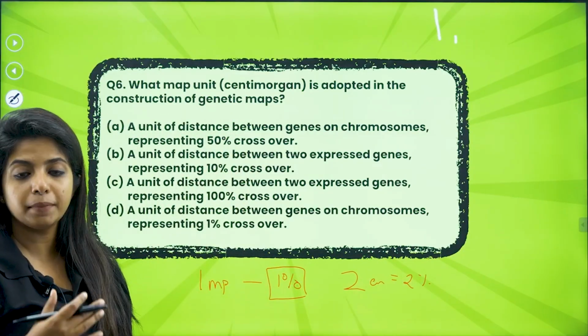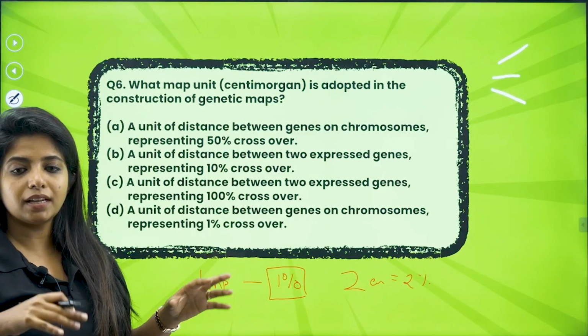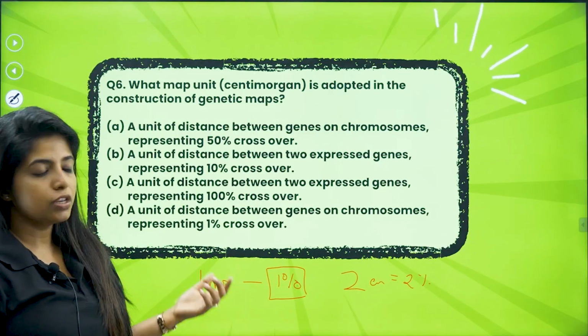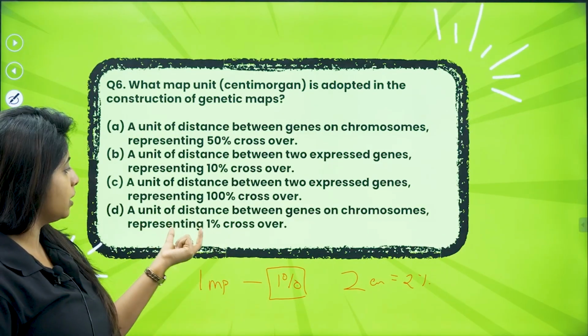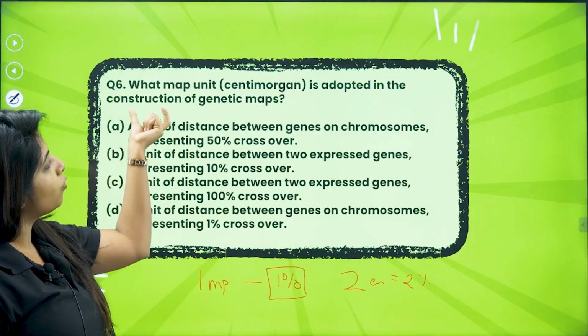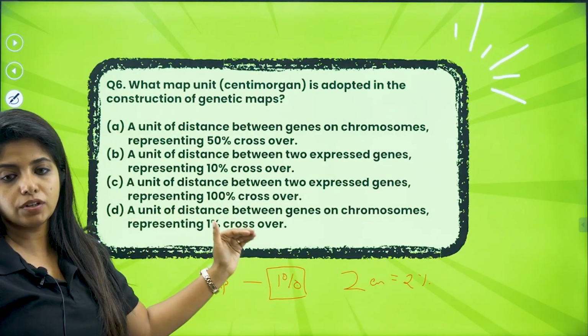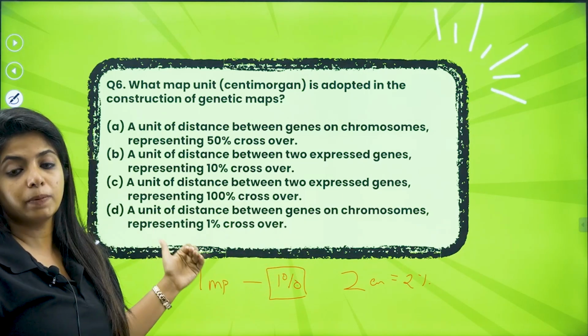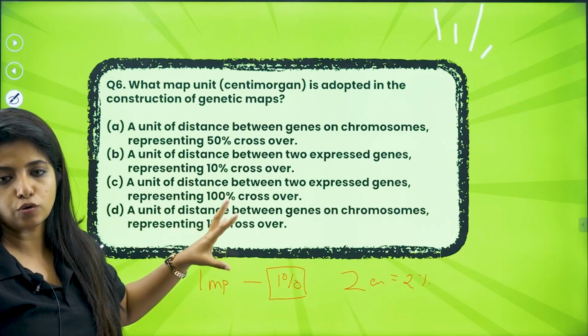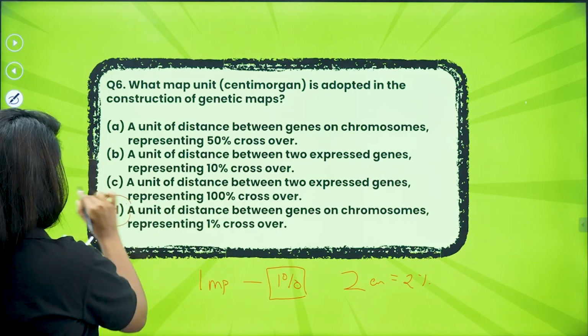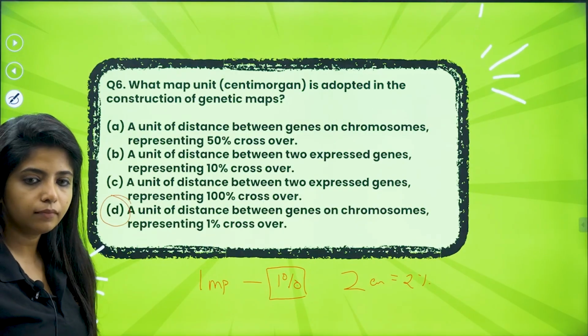It has nothing to do with the distance and stuff like that, which might confuse you. So when you're talking about what map unit is adopted in the construction of genetic maps, it is basically the unit of distance between genes on the chromosome representing 1% crossover. So this would be your answer.